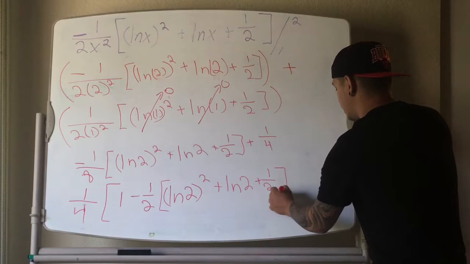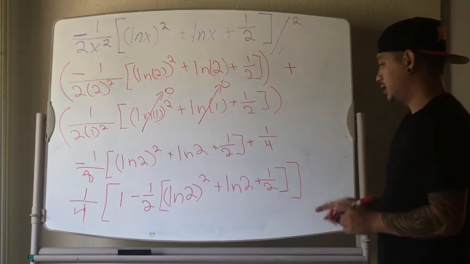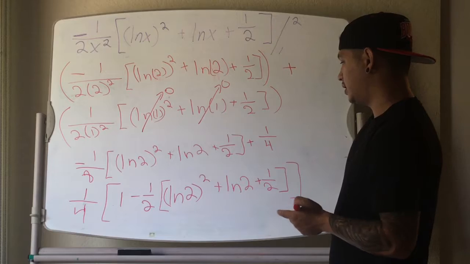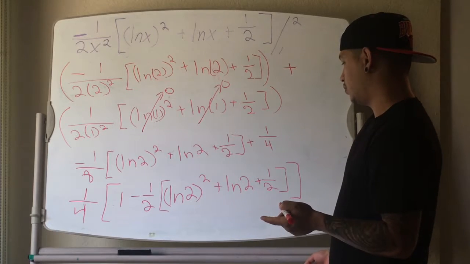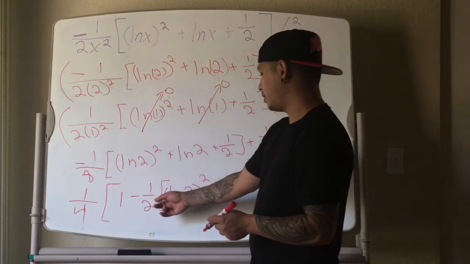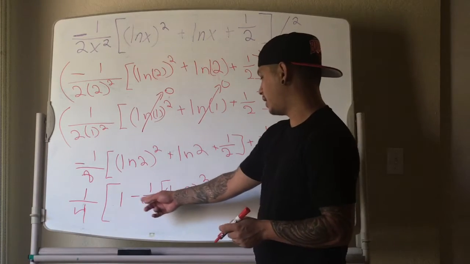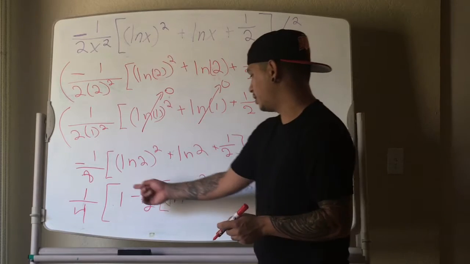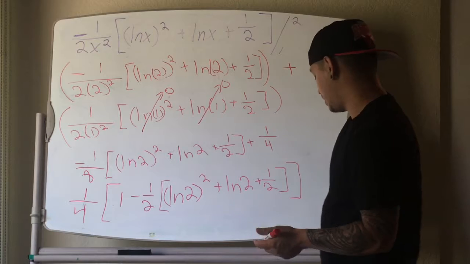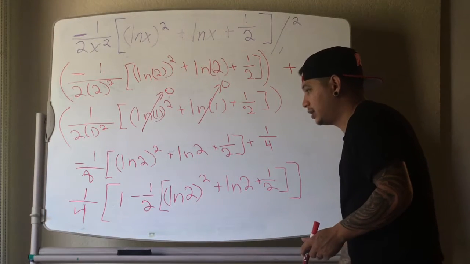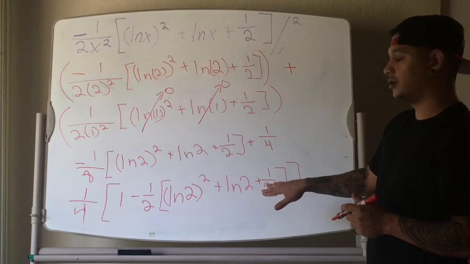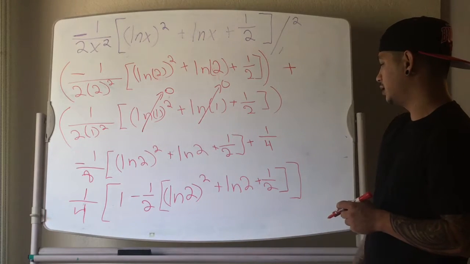Now right here you need to ask yourself, is this easy enough to plug into your calculator? And if not, what can you do, right? So we could pull out another, let's say we pull out a 1/2 from these two. Well, this becomes 1/2 minus all of this, and that might actually look better, but it looks like you can actually plug this into the calculator and you won't have a problem with it, right?